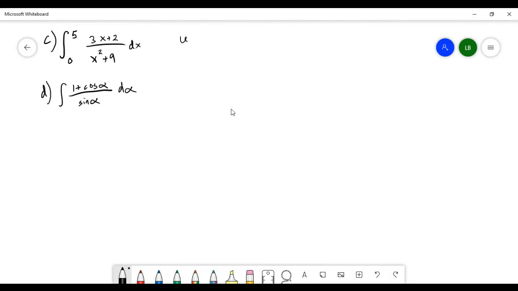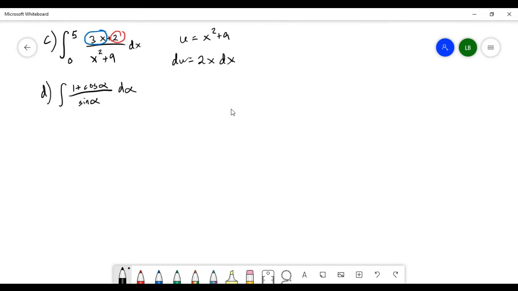Since if I let u equal x squared plus 9, I would have my du have some kind of x term in it. So I was thinking u substitution could take care of this portion of the numerator. But then that leaves me with this other plus 2.